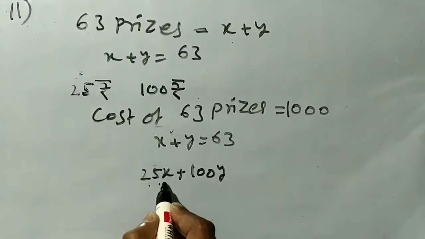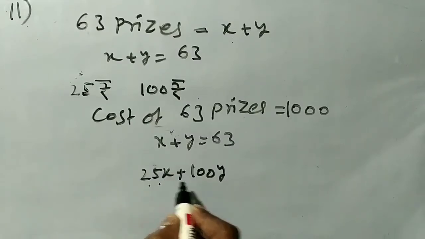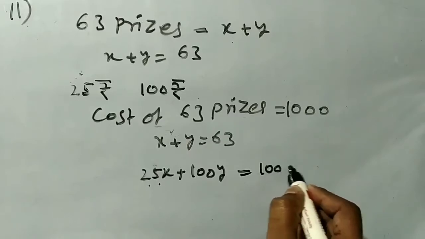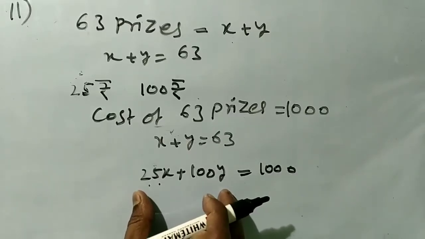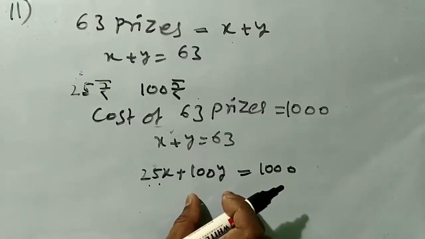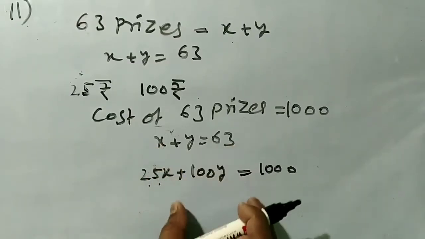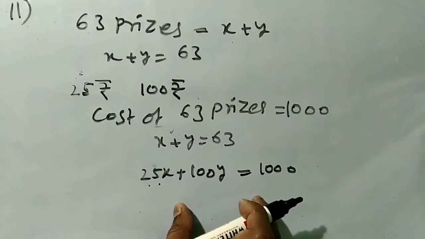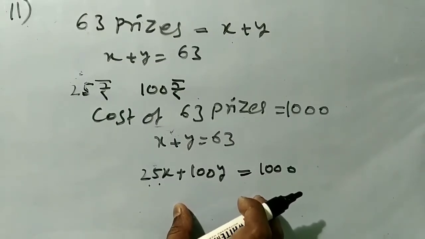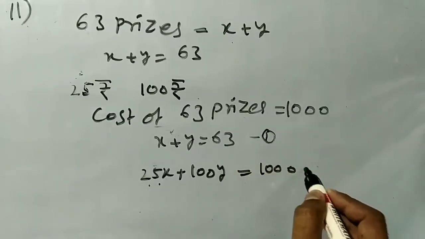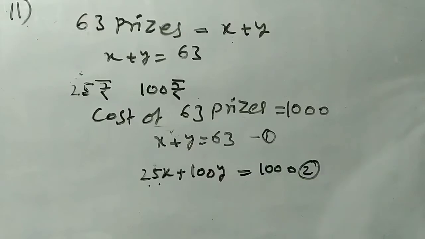So the first type at 25 and the second type at 100 rupees is equal to the total, because the combination of first type and second type prices is equal to the total. So we got here two equations. This question is a little bit different when compared with all questions in the exercise. Here is the first equation, here the second equation.